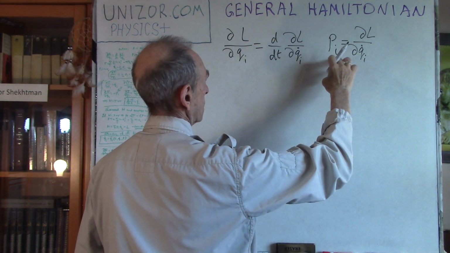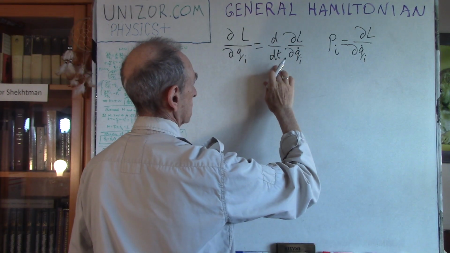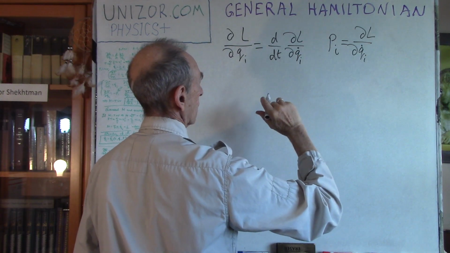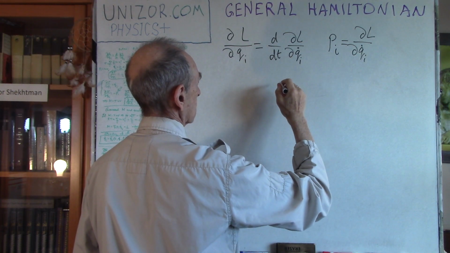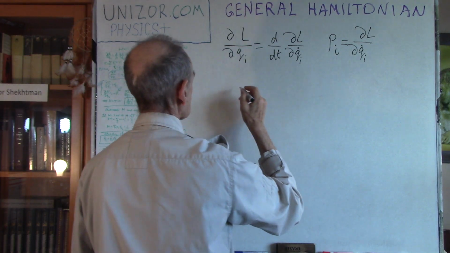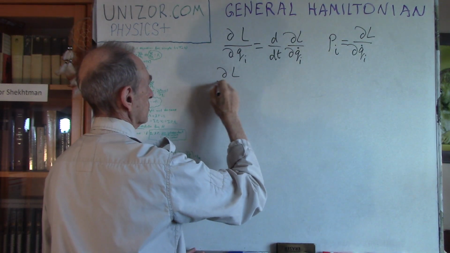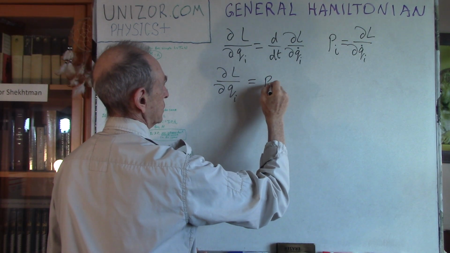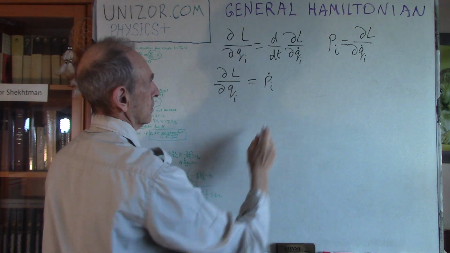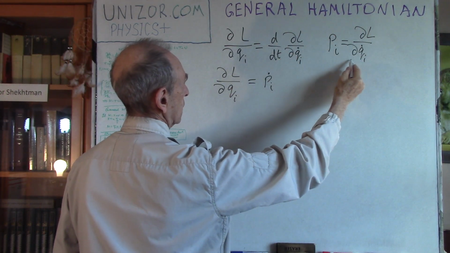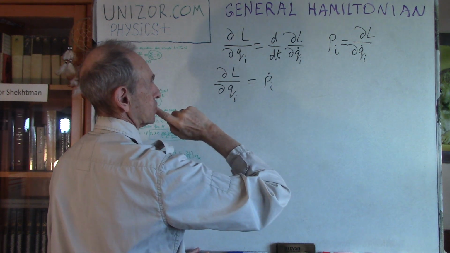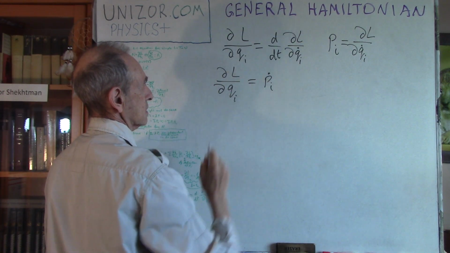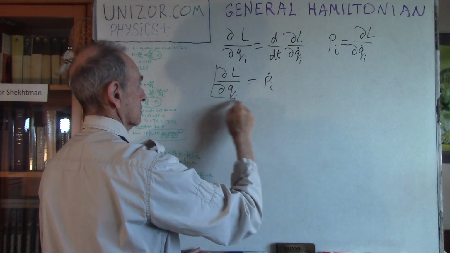Since this is now p_i, the full derivative by time is usually symbolized with a dot on top, so the whole thing looks like dL by dq_i is equal to p_i dot. This is p_i, the generalized momentum, and the derivative by time is this dot. Very nice.